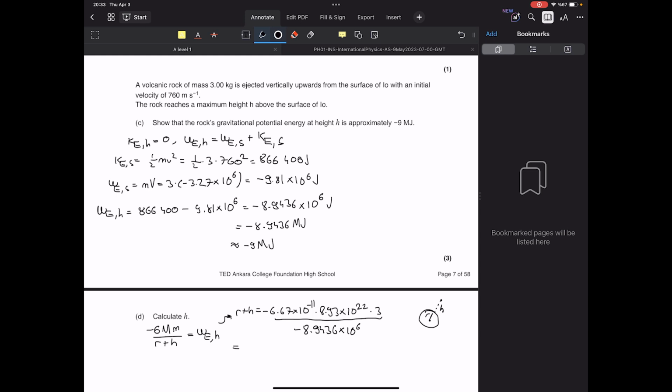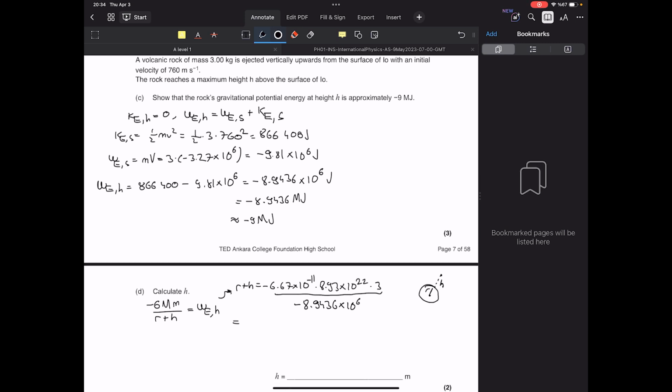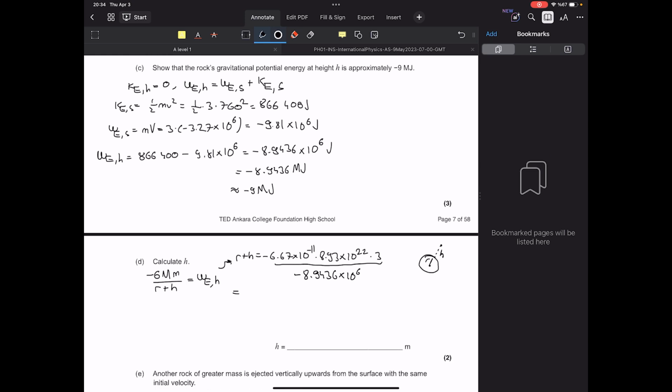We already found that, so I don't need to write it again. That gives us 1.999796 times 10 to the 6 meters.